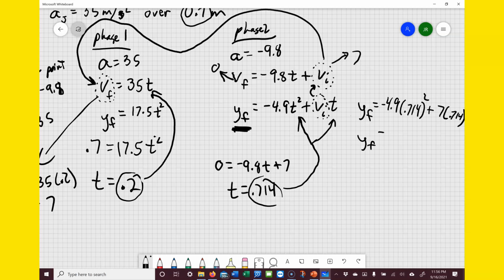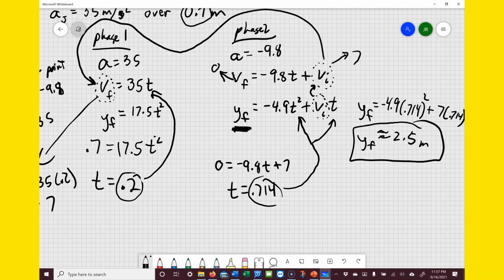You've got to type this in the calculator. 2.49999, so basically 2.5 meters.